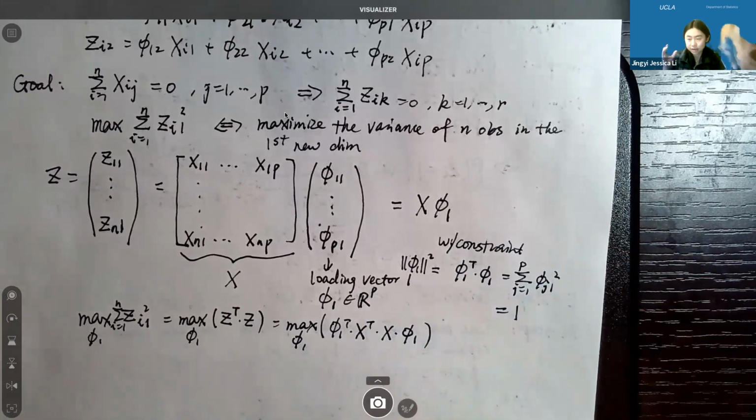So this ensures that the magnitude of phi 1 cannot be infinitely large, because that magnitude will go into the variance here.